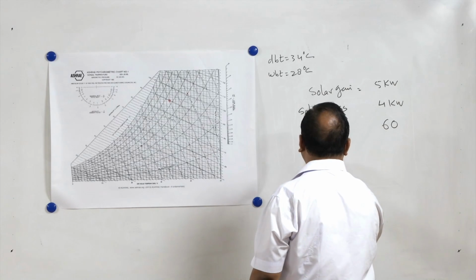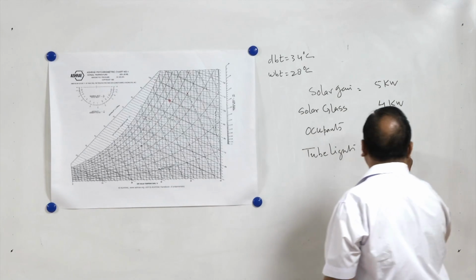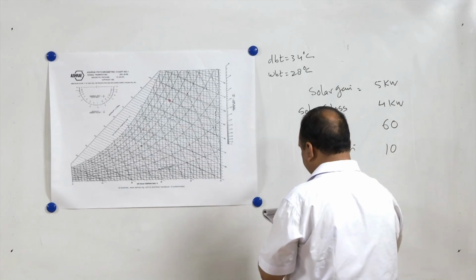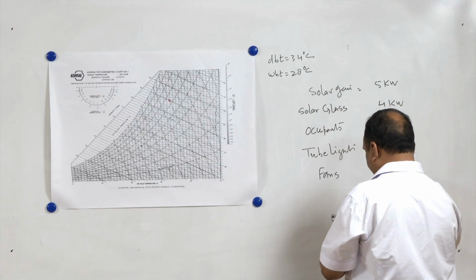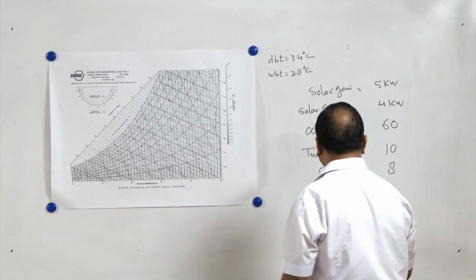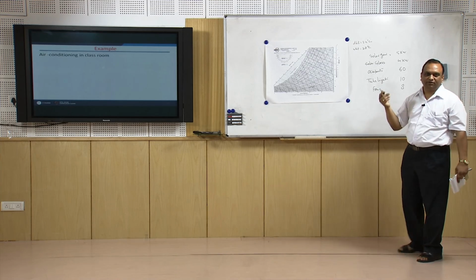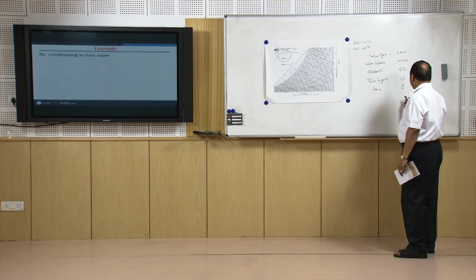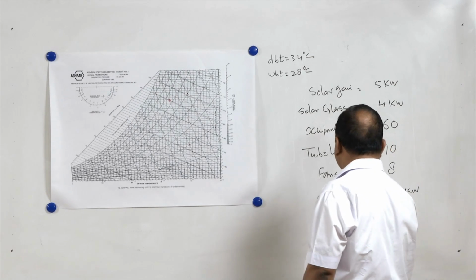Now, tube lights, let us say there are 10 tube lights. Fans, there are 8 fans, and some sensible load from, let us say, an LCD projector or some computer, maybe 0.2 kilowatt. Other load.